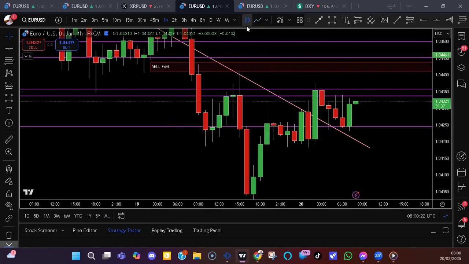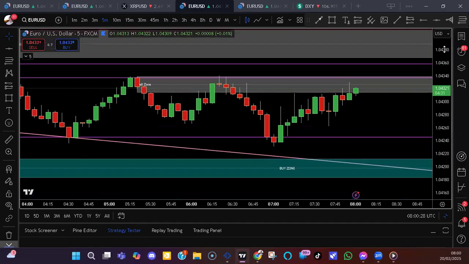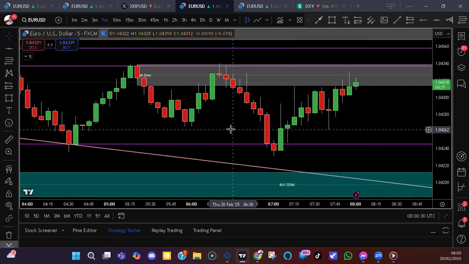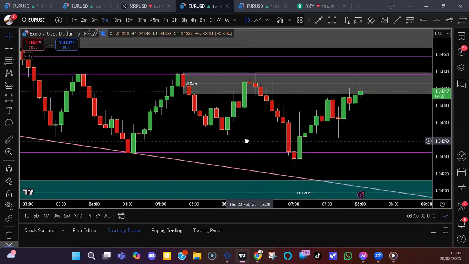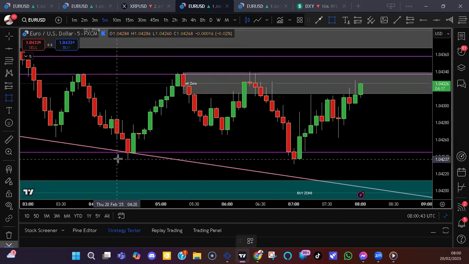So we can come down and go on to the 5 minute time frame. And as we can see, we've had previous areas of consolidation. I'm going to mark that up.